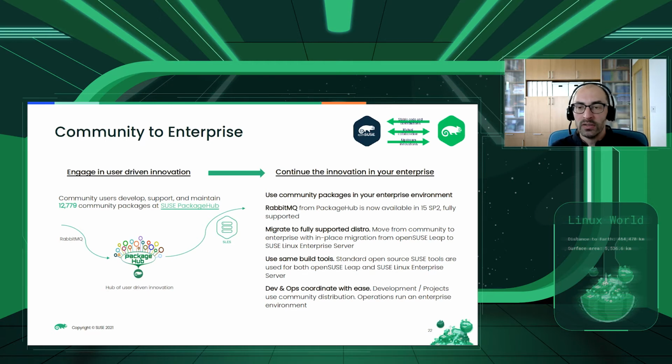So right now it's in SLE 15 SP2 and fully supported. So you can see that this is how the software goes from the community, from the open, to the fully supported enterprise release. And the advantage of having openSUSE Leap and SLE being close is that you can use the same tooling and the same approaches. It's the same familiar stuff, which simplifies the approach and spans different environments, development types, and practices.